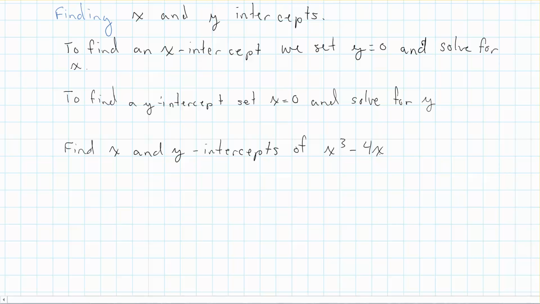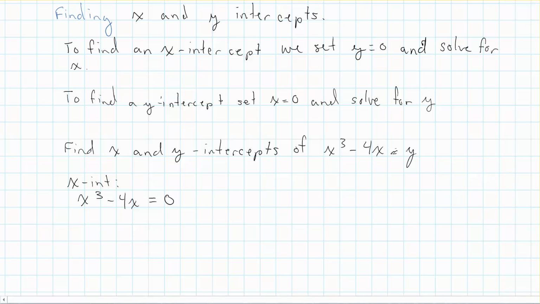I should also say this is equal to y. Okay, so I'm going to find the x and y intercepts of this. So let's first find the x intercepts. So we set y equal to 0. So I'm going to have x cubed minus 4x equals 0. Then we want to solve this for x.